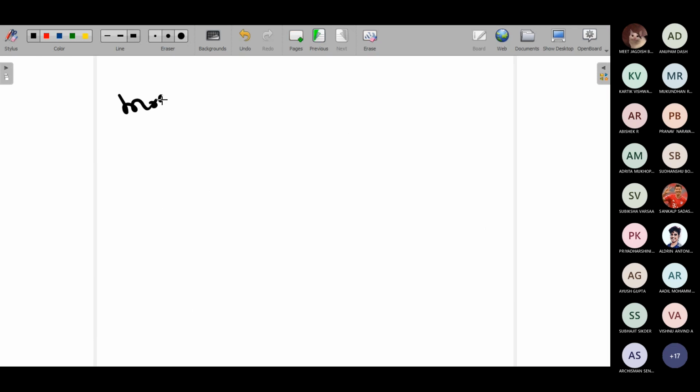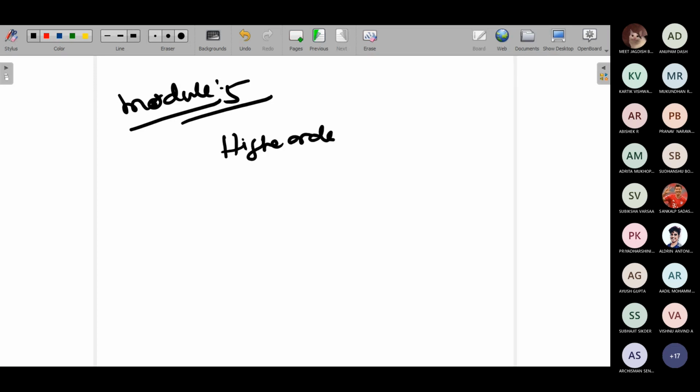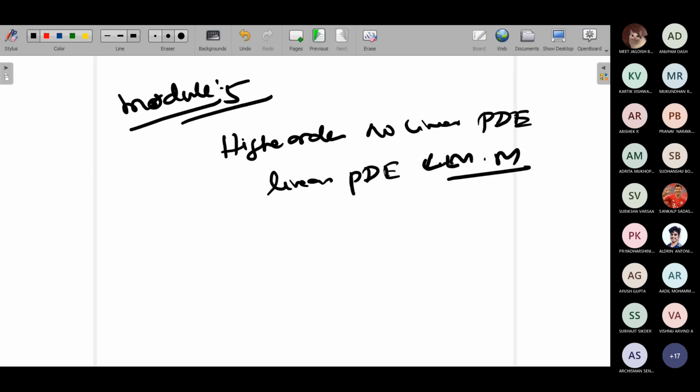In module 5, I have not completed the entire module 5. What all I have taken is higher order non-linear PDE, then linear PDE, that is Lagrange's multiplier method.